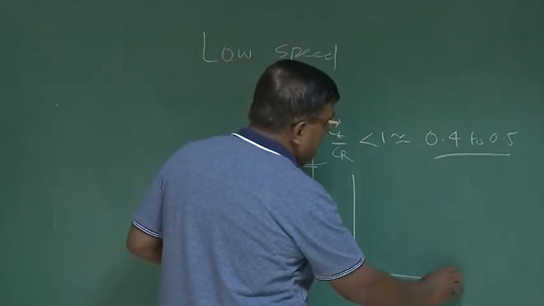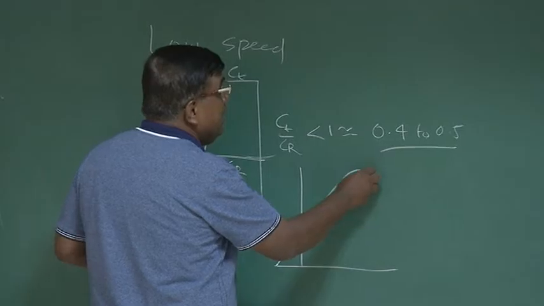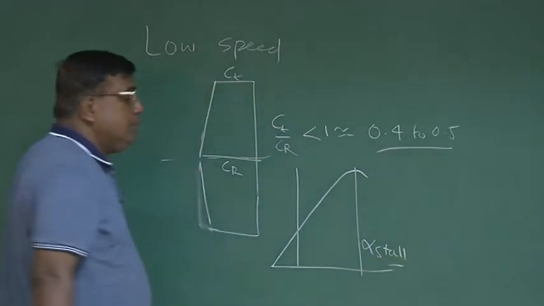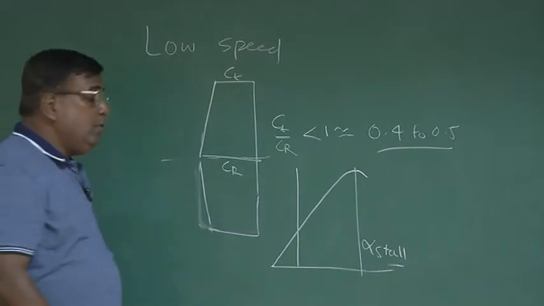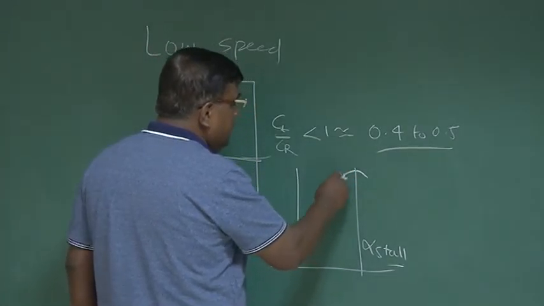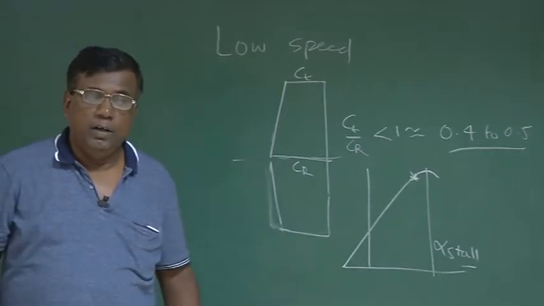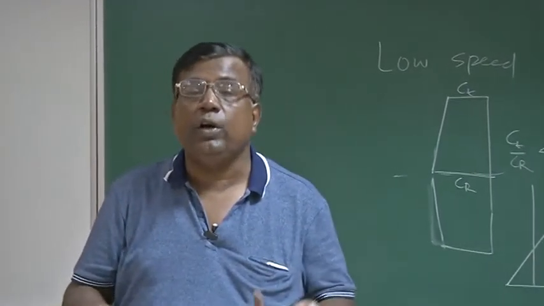As we try to fly at a higher angle of attack, there is a danger: I should not cross alpha stall. Also, suppose I am flying here, although I am not in alpha stall, because of some upward gust the local angle of attack may change and the airplane may go into a stall.